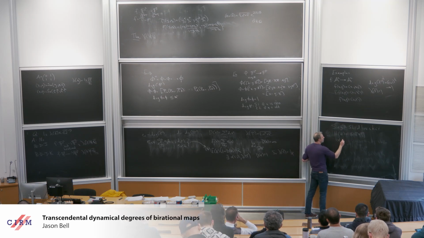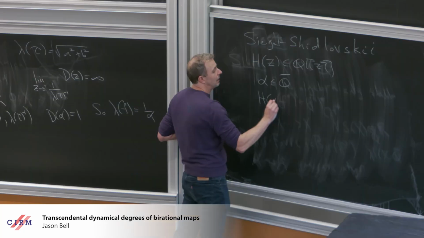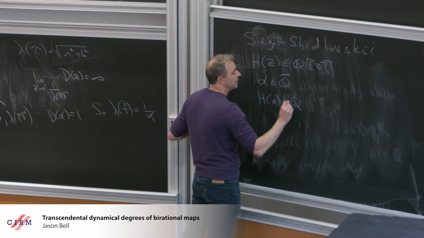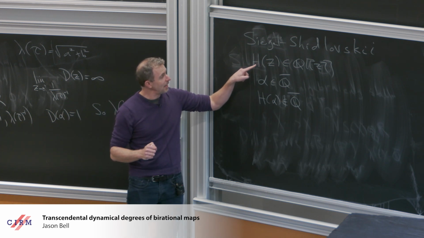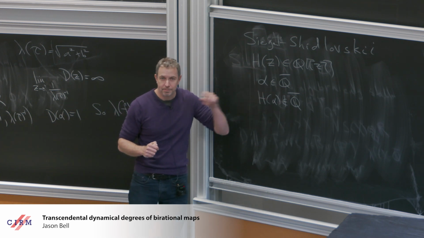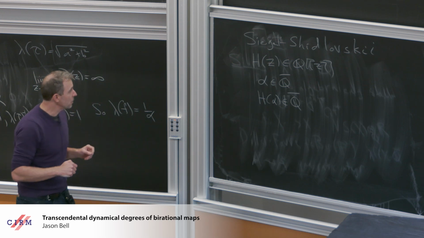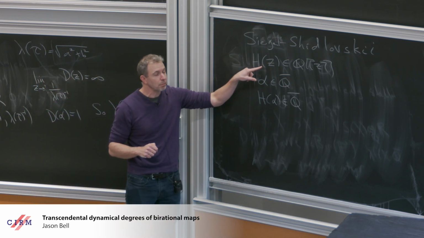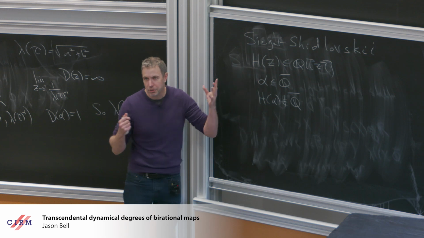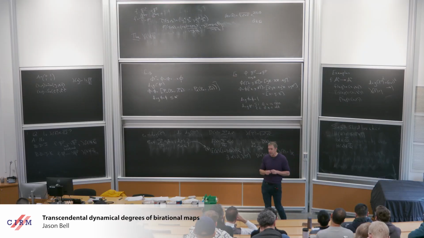And we've taken a point alpha in Q bar. And we'd like to say that when we plug alpha into h, we get something that's transcendental. And of course, there's one obvious obstacle for this working, which would be if h of z was itself an algebraic function, in which case every point I plug in is going to be algebraic.